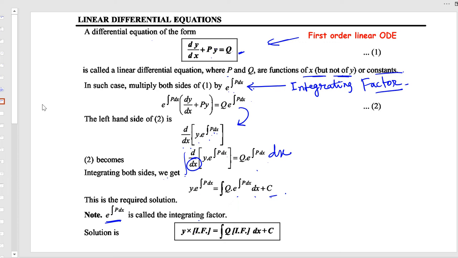So what is the solution now? We have to multiply y by the integrating factor, which equals the integral of q times the integrating factor times dx, plus c, the integrating constant.